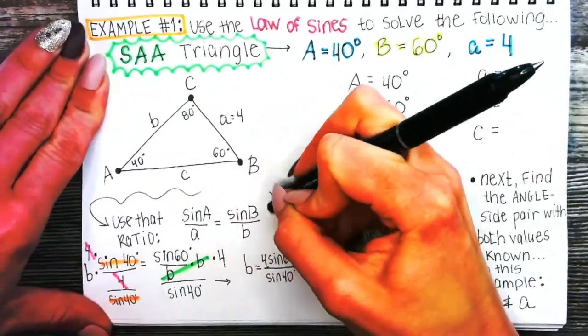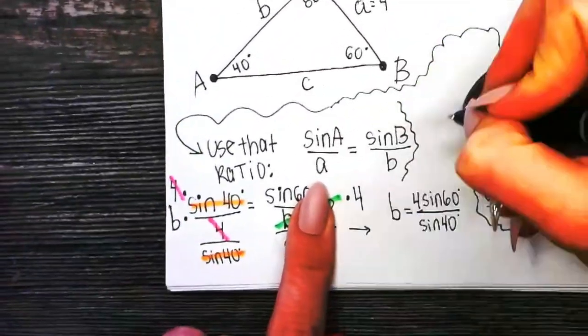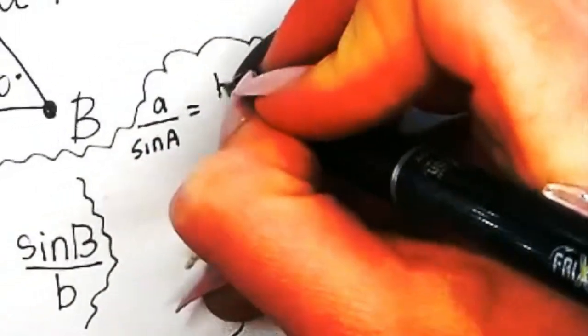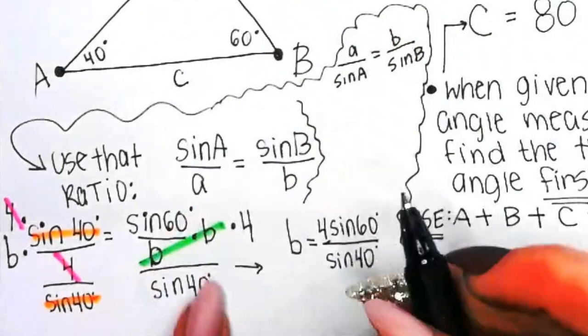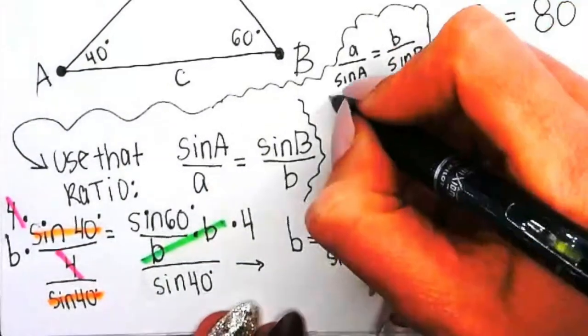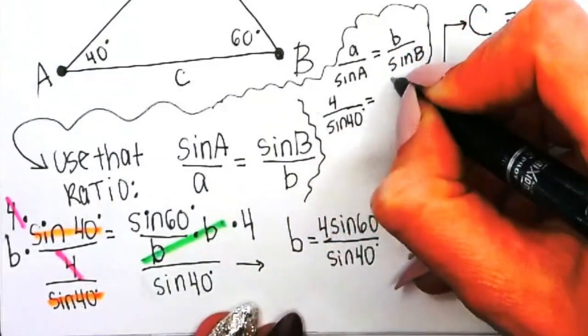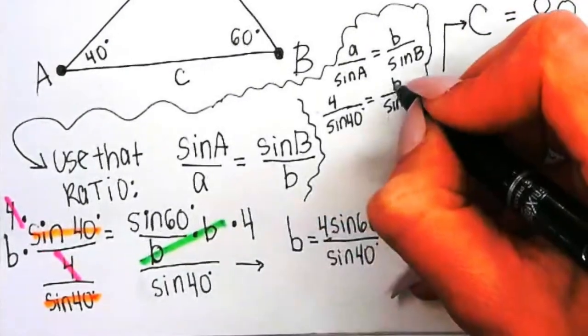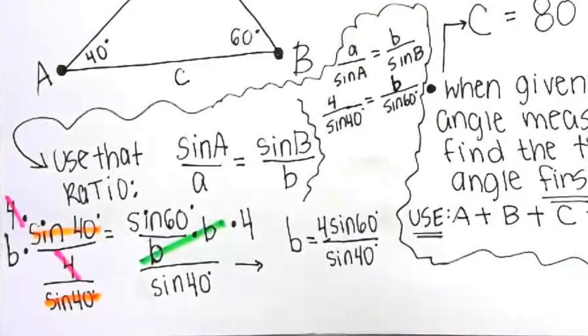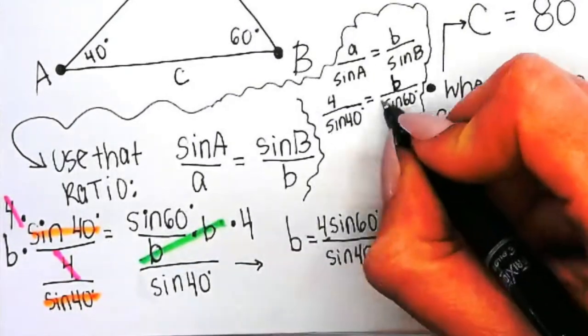Let's see how that would work. Here I have it set up with the reciprocals of this equation. 4 over sine 40 equals b over sine 60. To get lowercase b alone, all we need to do is multiply both sides by sine 60.